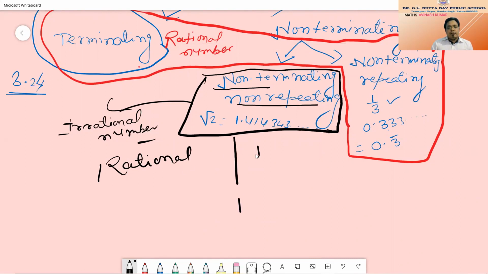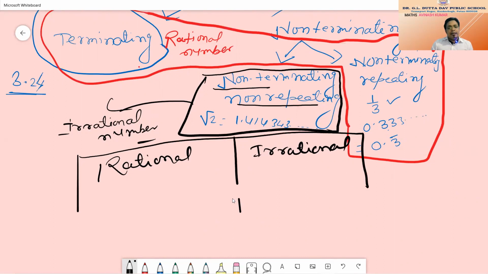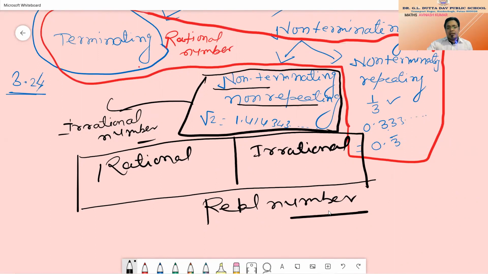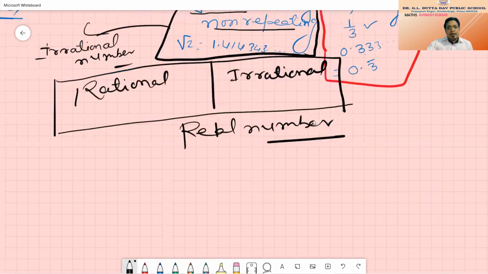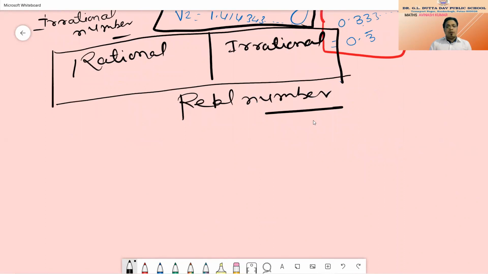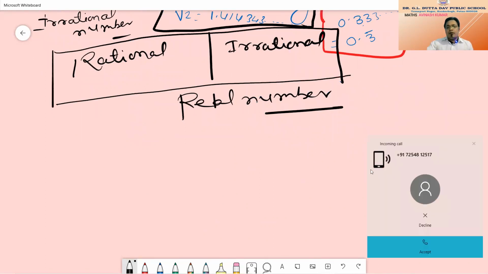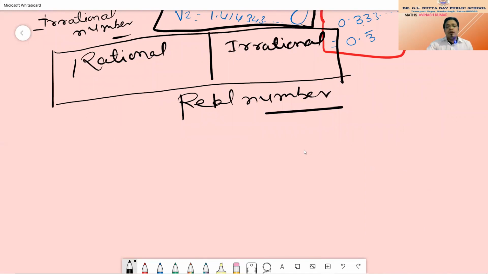And the set of rational and irrational numbers is called the real numbers. Understood, students? We can say that all types of numbers are real numbers. Right?